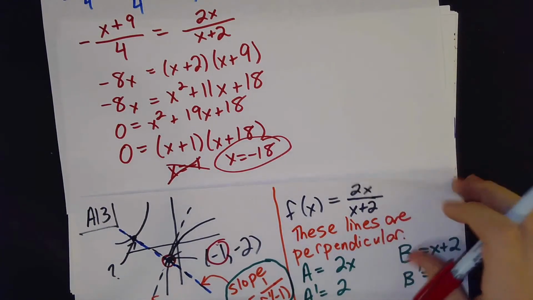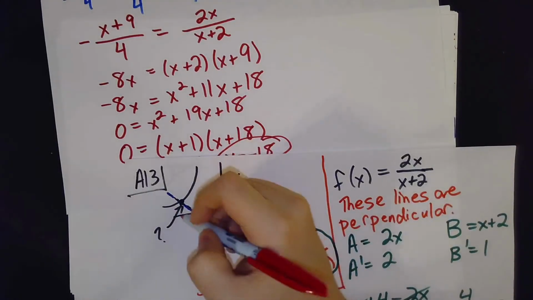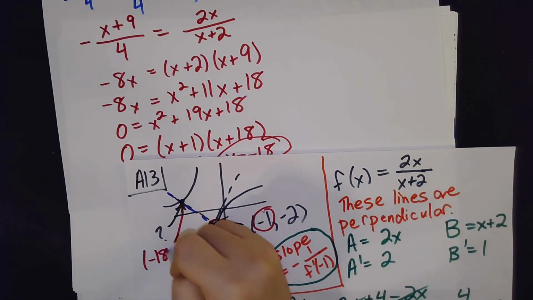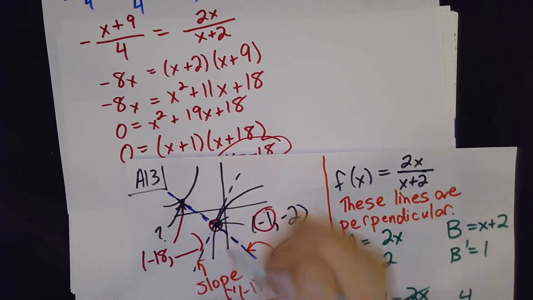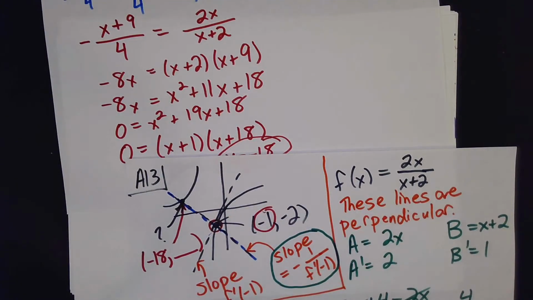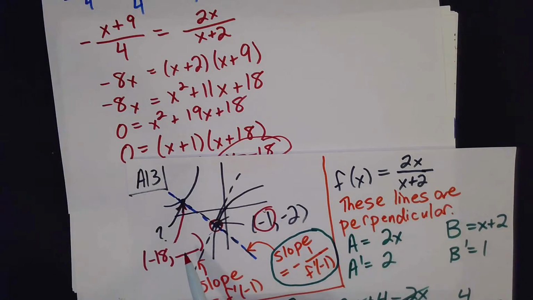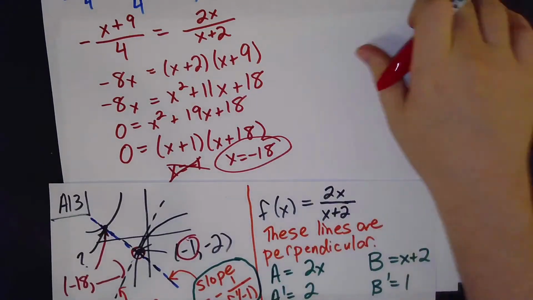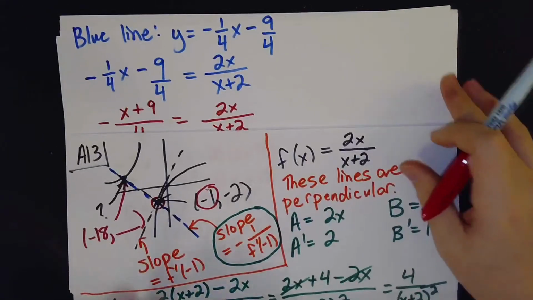So that means if you look at this point, we now know that this point looks like minus 18 comma something. And we just have to figure out what the something is. And we figure out this something by plugging minus 18 into our function. So I'll do that up here.